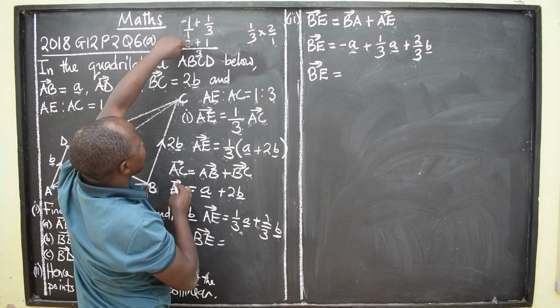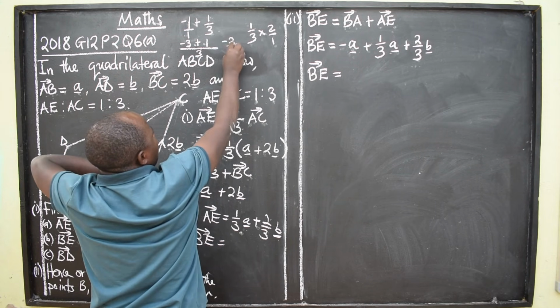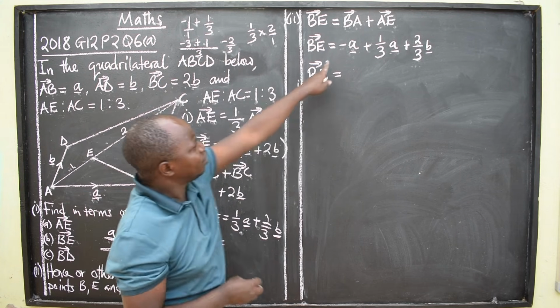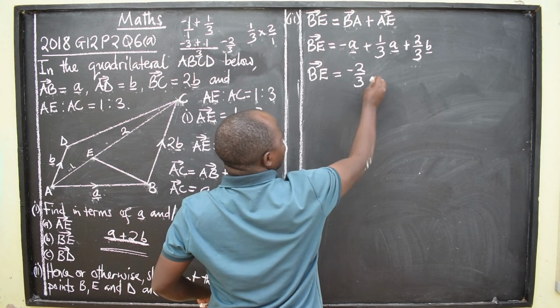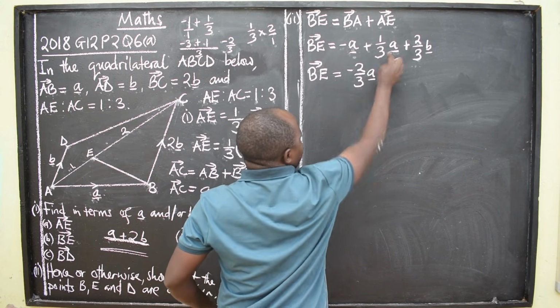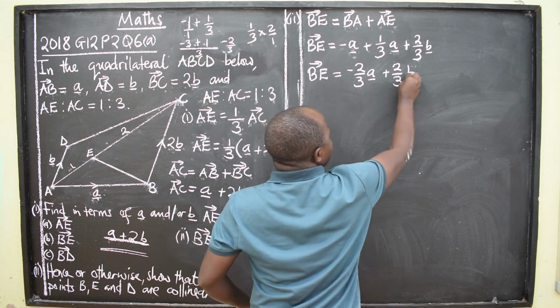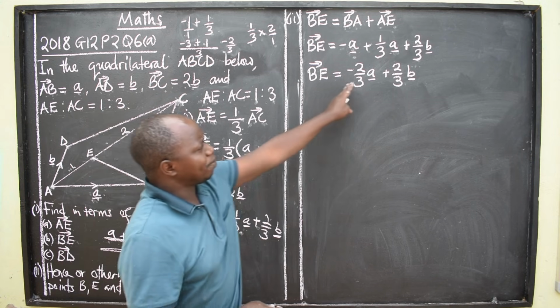Then negative 3 plus 1 will give you negative 2 over 3. So negative 2 over 3 is the answer to this. So we have negative 2 over 3 A, vector A. Then plus 2 over 3 B. Are we together there? So that will be the final answer.